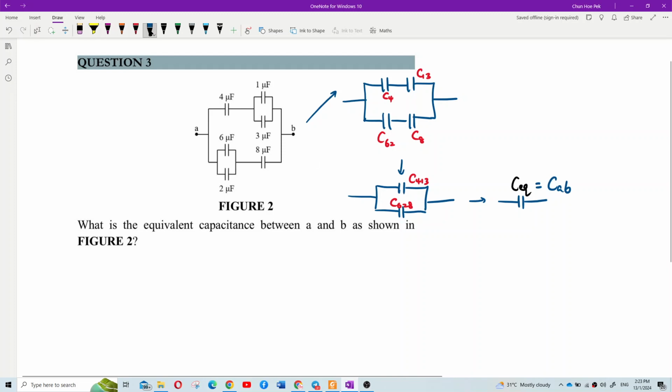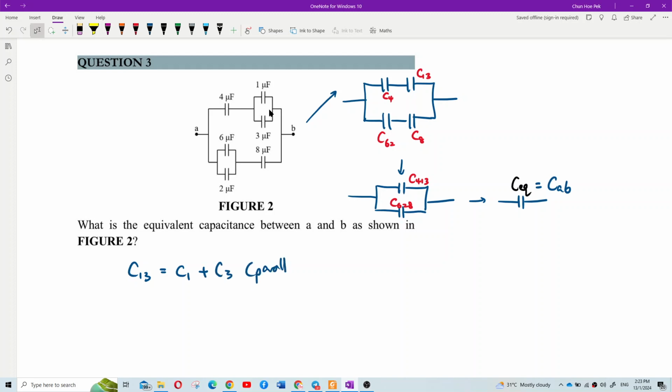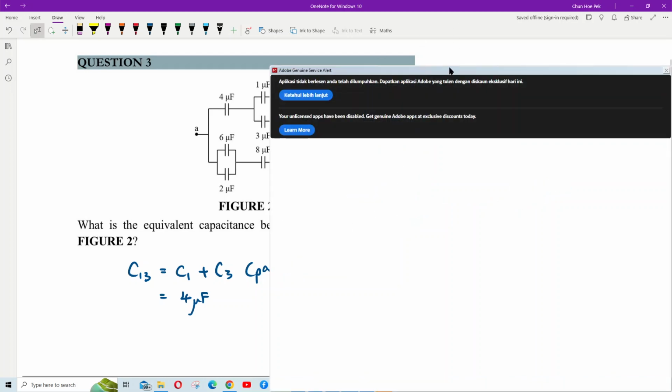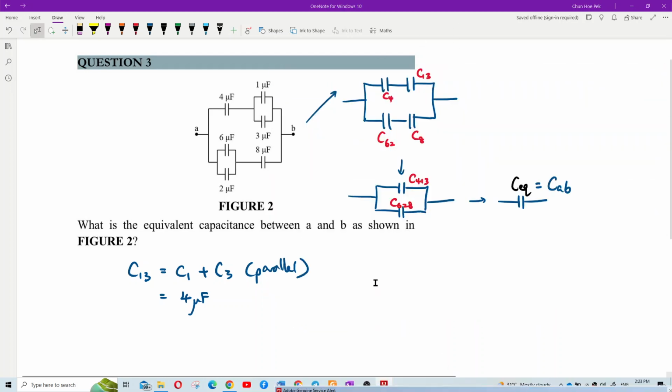So C13: 1 and 3 are parallel. So C13 is equal to C1 plus C3 in parallel. So it is equal to 4 microfarad.